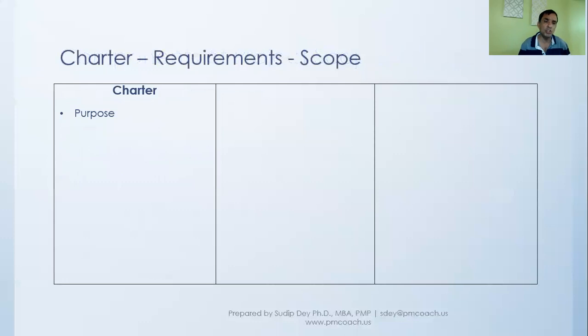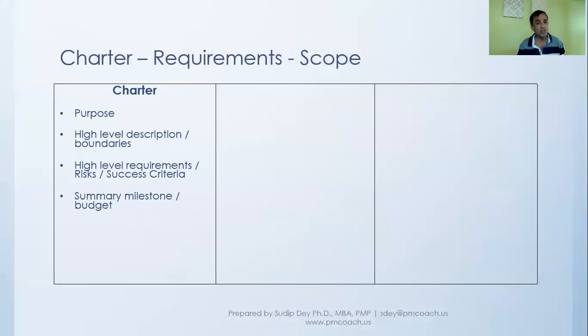When we talk about the charter, we are talking about the purpose, high-level descriptions, high-level requirements, summary milestones, stakeholders, approval requirements, and authorized personnel.